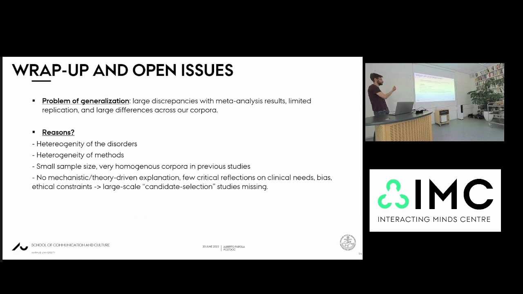We've also found heterogeneity of methods in the literature. As I said, in the meta-analysis we showed that there were so many different methods for the acoustic and NLP pipelines and for the analysis, so it's not surprising that replicability was low. And then there were other reasons: the small sample size of previous studies, and no mechanistic or theory-driven explanation. So what was missing were large-scale candidate selection studies.